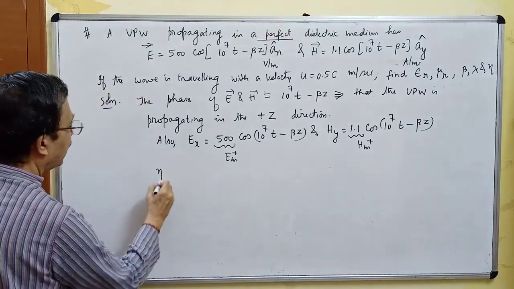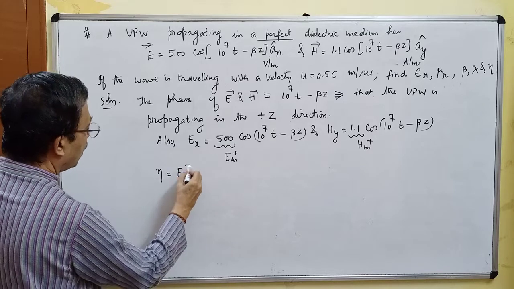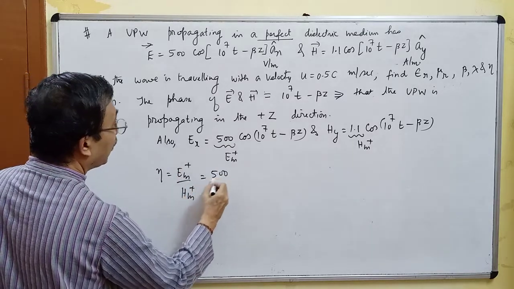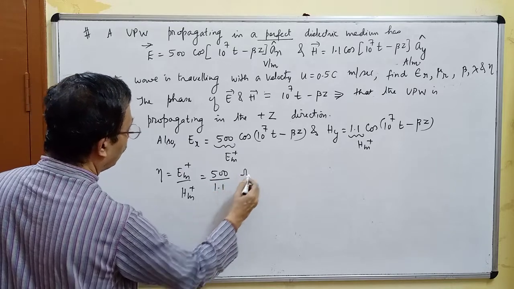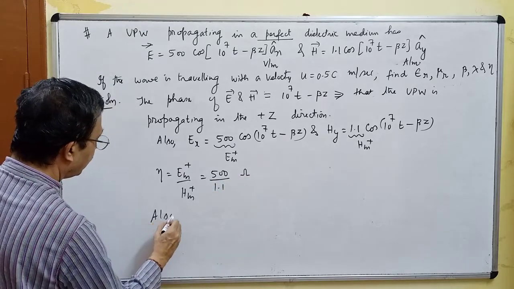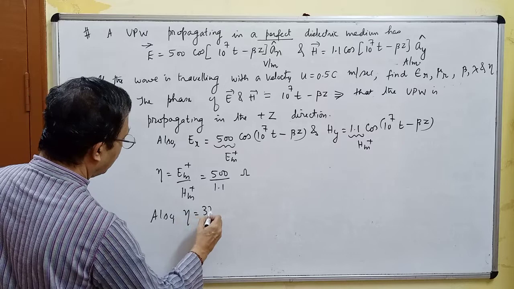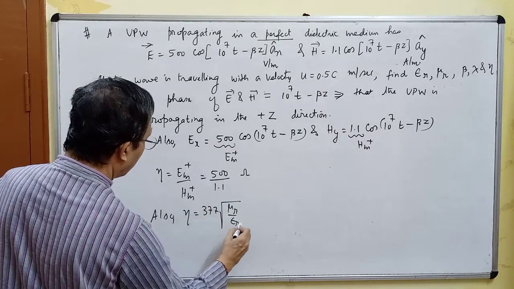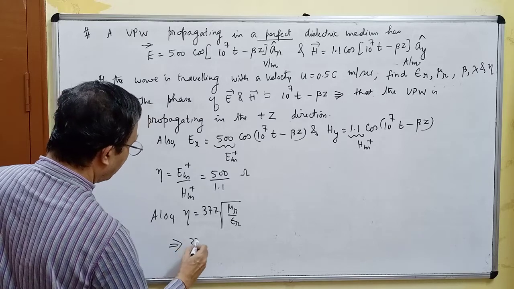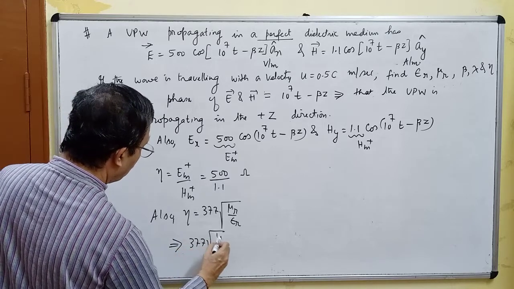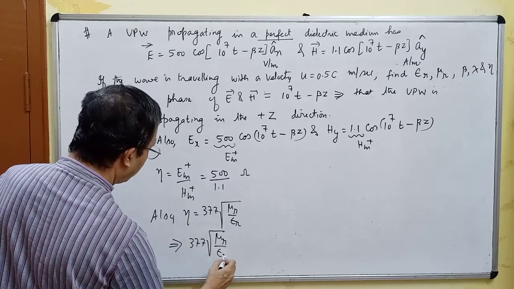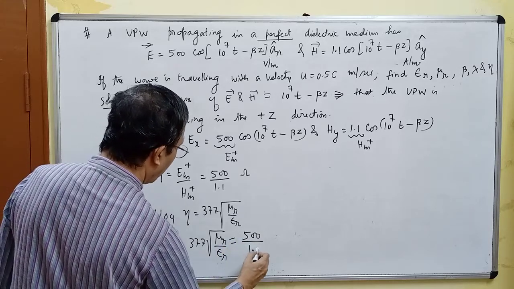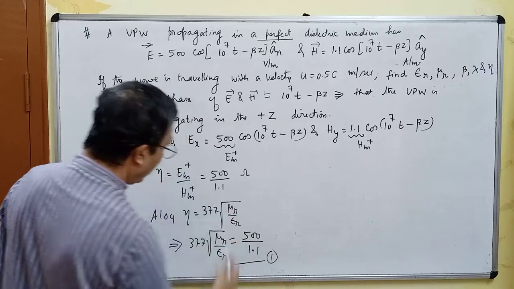So what is eta? Eta is equal to Em plus divided by Hm plus, which is equal to 500 by 1.1 ohms. Also, eta is equal to 377 into root of mu r by epsilon r. This implies 377 into root of mu r by epsilon r equals 500 divided by 1.1. This is equation 1.